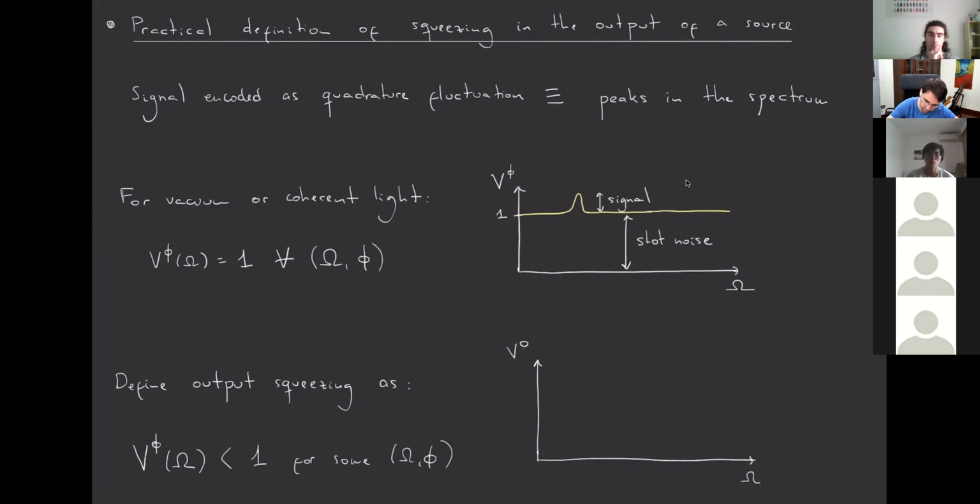So again, we have the same plot. But now imagine, for example, well, here we have the 1. So now imagine, for example, that, as we are going to see with one example, this spectrum looks somehow like this. So it starts being 0 at 0, and then it goes up to 1. Okay? So now what happens is that the signal, imagine that the signal is around here.